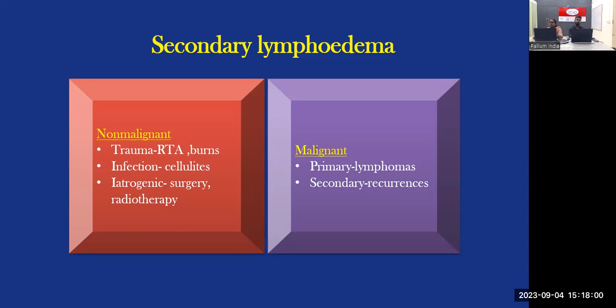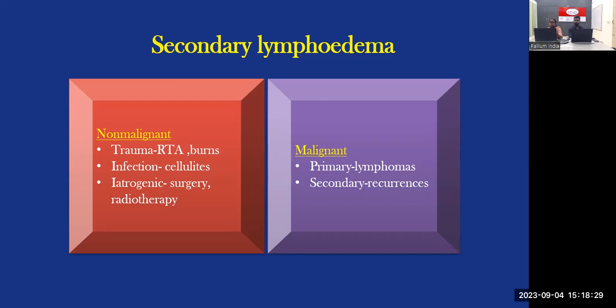The second one is infection, recurrent infection like cellulitis. That patient also can develop lymphedema. The third one is iatrogenic, surgery and radiotherapy. If you do the surgery for cancer patients, just imagine a CA breast patient. We need to remove the breast mass. When we remove the breast mass, like mastectomy, we will do the total mastectomy. What is total mastectomy?